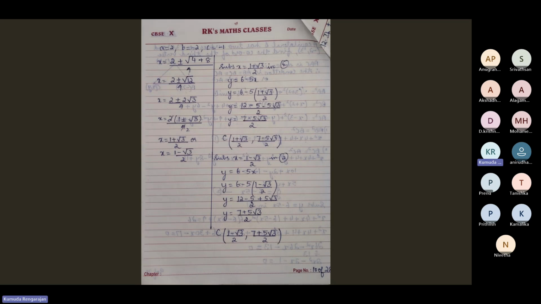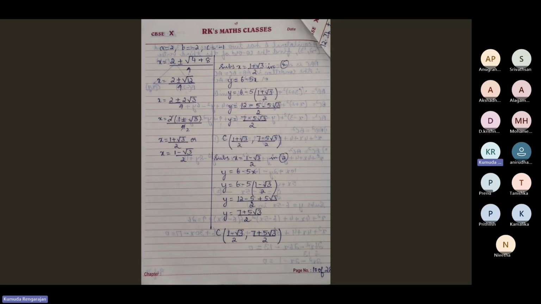From one condition, you get a linear equation in x and y. From the other condition, you get a quadratic equation in x and y. Then we have to use a substitution method. From that linear equation, you should write x in terms of y or y in terms of x. Substitute that in the second one, the quadratic equation. And then you proceed to get the final answer.